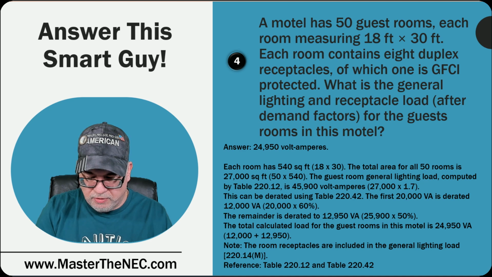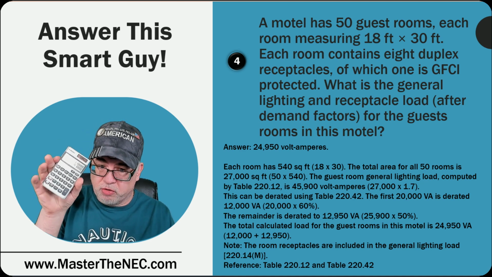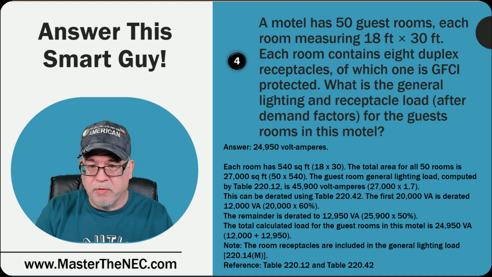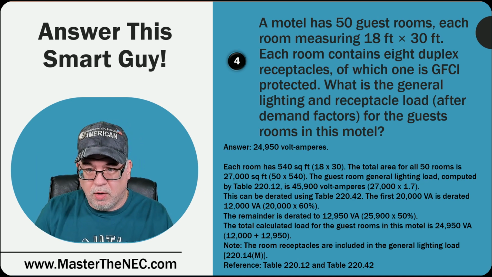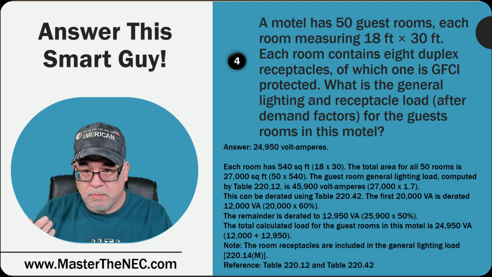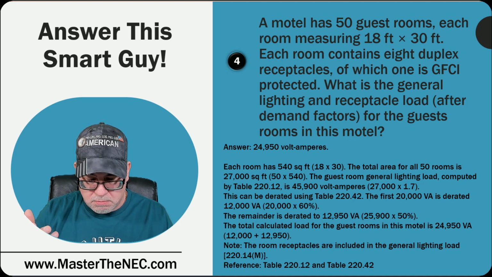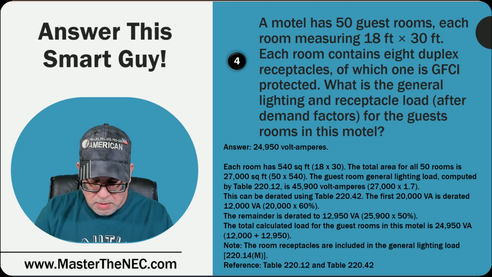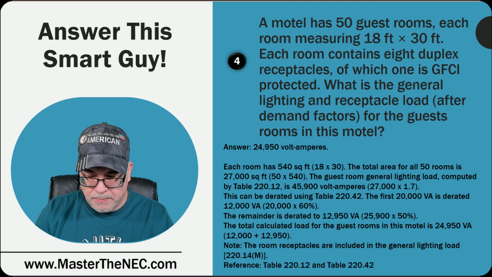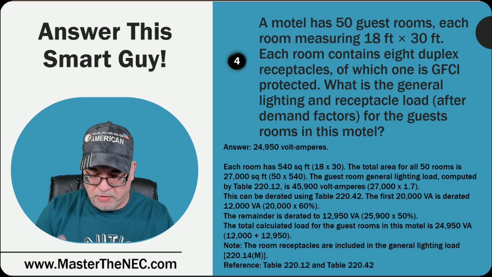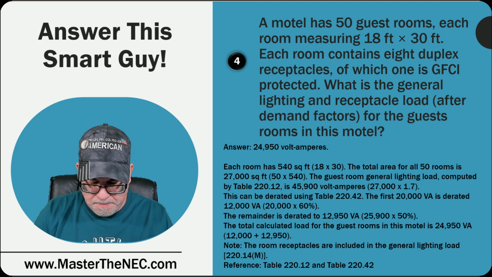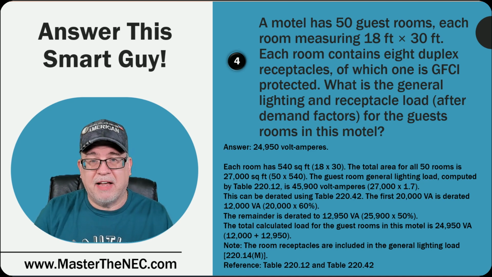So 20,000 times 60%, and that is 12,000. So what's over that? Well, the remainder over that was what? 25,900, right? Okay, so the remainder, 25,900 of that total value is going to be applied at 50%. So I'm going to multiply that by 50%, and that is 12,950.